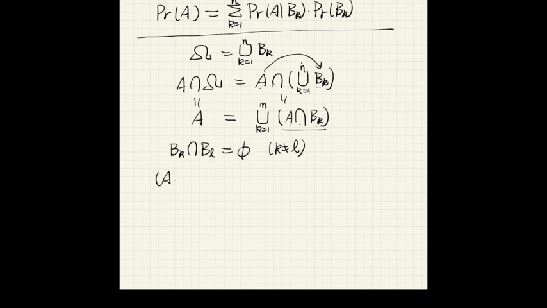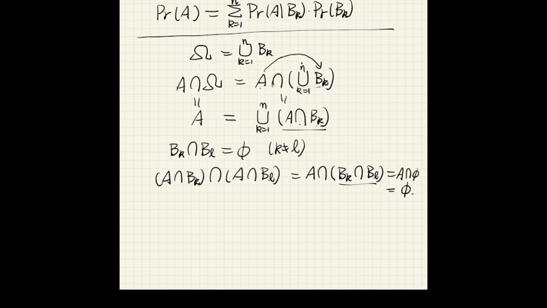Now, A intersect Bk intersect A intersect Bl is equal to A intersect Bk intersect Bl. But this is empty set. So A intersect empty is equal to empty. So that means this intersection and this intersection are mutually disjoint.